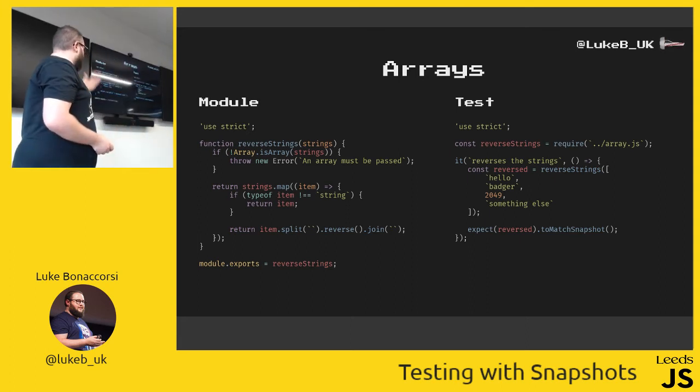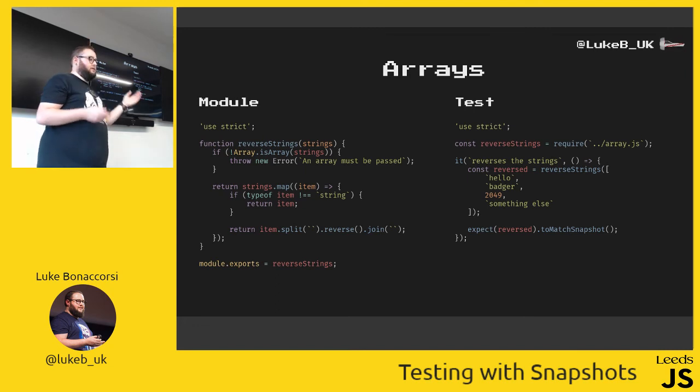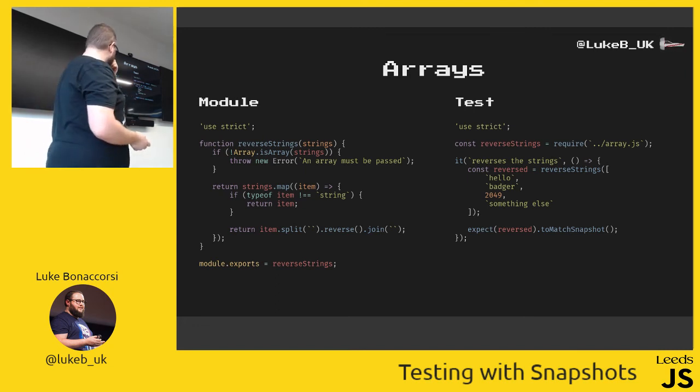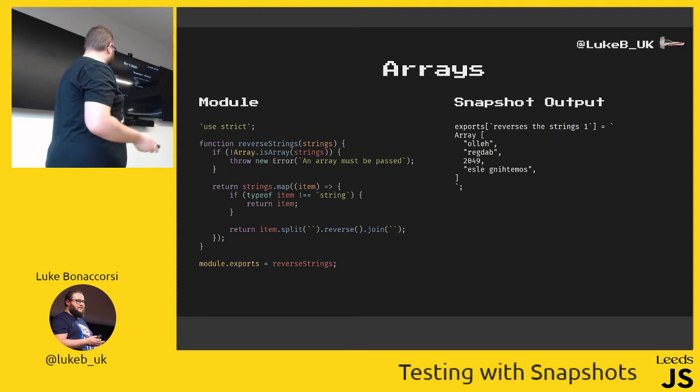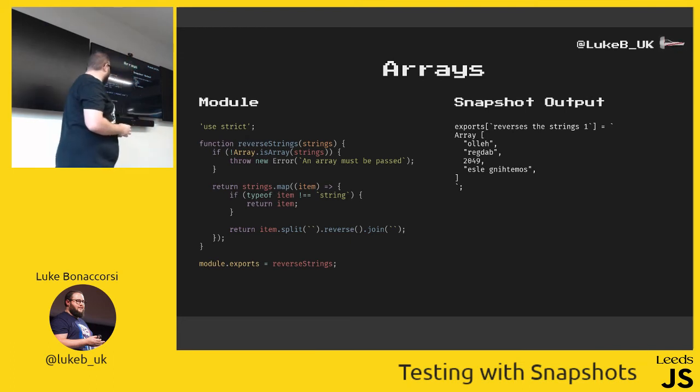And then I reverse it, and I should expect everything except 2049 to be reversed. And then in my snapshot, it does exactly what I expect. Hello is turned into olleh, regdab, 2049, and I'm not going to try and say that.